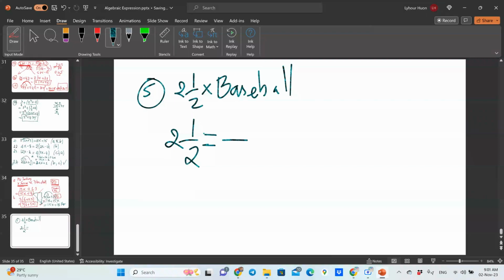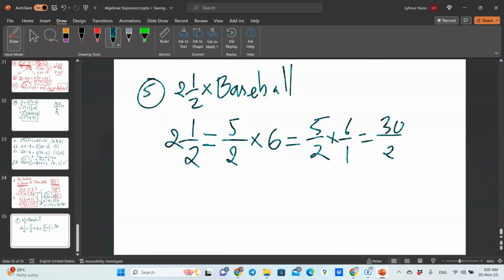So it's 5/2, because 2 times 2 is 4 plus 1, correct? And then I multiplied it by 6/1, because a baseball is $6. So 5/2 times 6 equals 30/2, which equals 15.